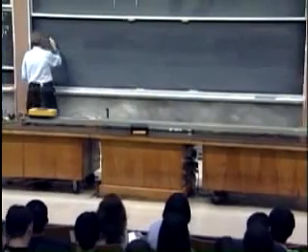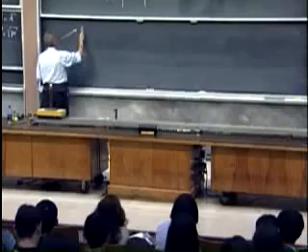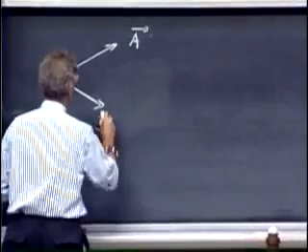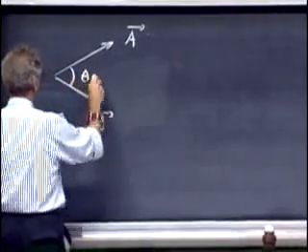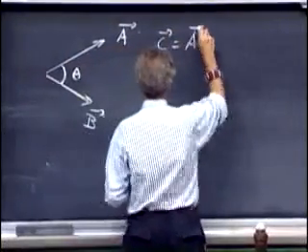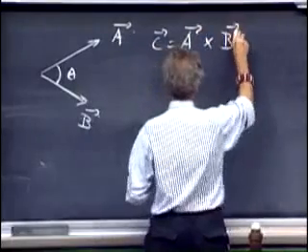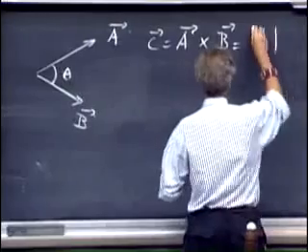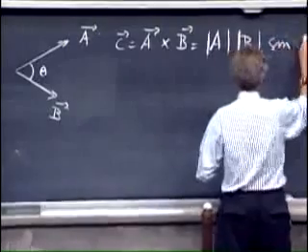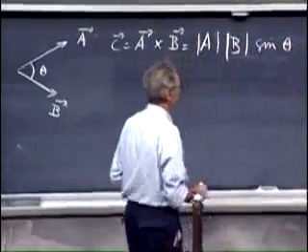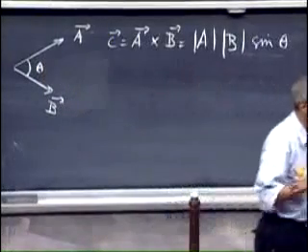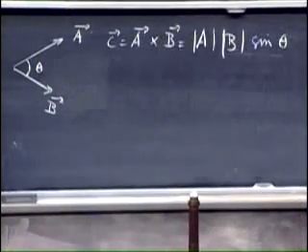If you know vector A, and you know vector B, and you know that the angle is theta, then the cross product, C, equals A cross B, is the magnitude of A times the magnitude of B times the sine of theta. Not the cosine of theta, as we had before with the dot product. It is the sine of theta.